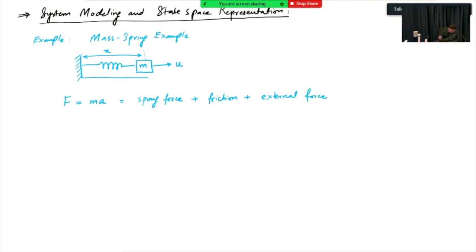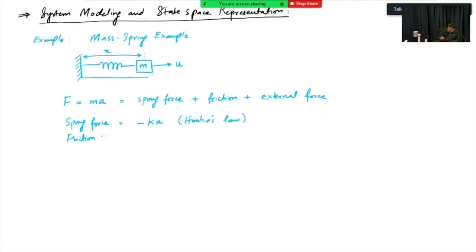Okay, and this is really a high-level abstraction, and that total force is equal to the mass times the acceleration. Okay, so the spring force is actually minus kx, which is coming from Hooke's law in physics, and the friction force is equal to minus rho x dot. Okay, and that's coming from the Stokes law.